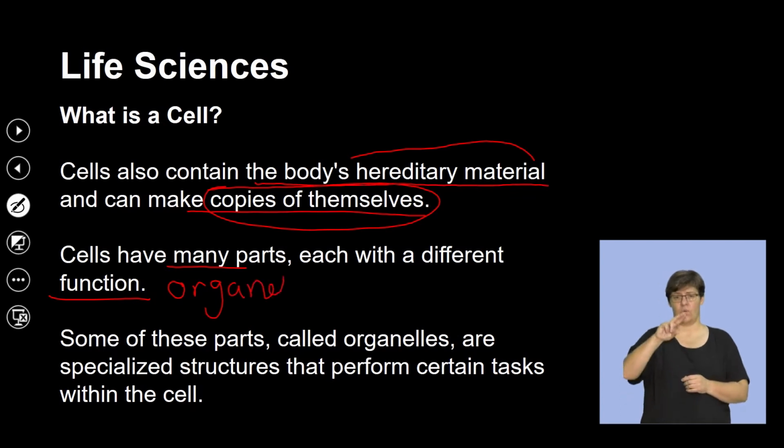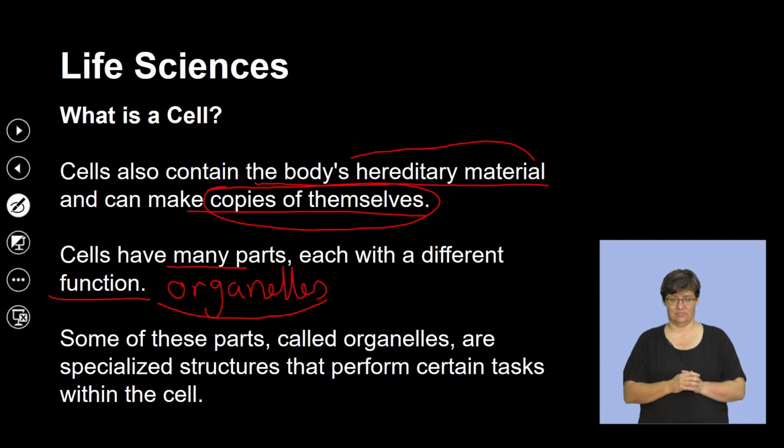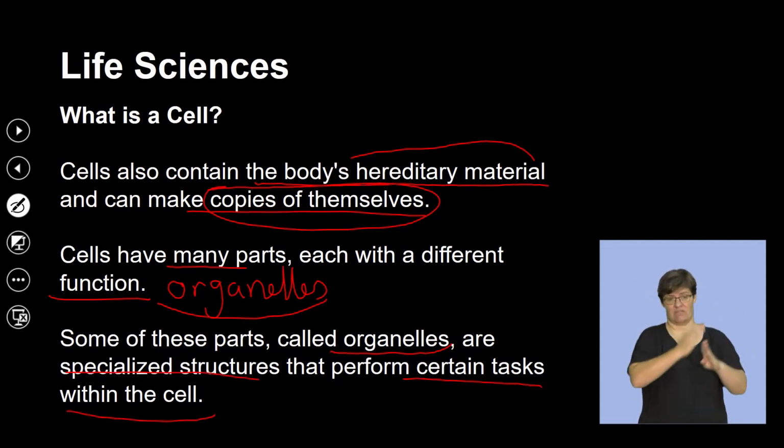So smaller little functional units within a cell are called organelles, and these collectively allow for this cell to function as a unit. Some of these parts are called organelles, as I've pointed out, and are specialized structures that perform specific tasks within the cell. And collectively, all of these allow for the organism to be able to carry out its basic survival function.